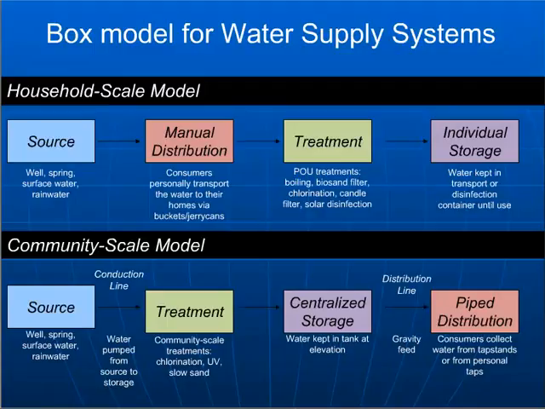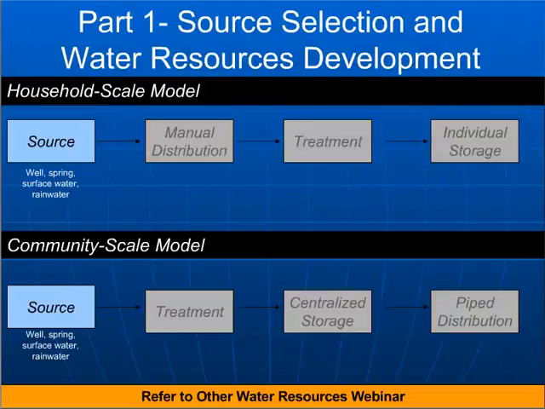So again, a lot of EWB projects are designed to go from the household scale model up to the community scale model, but there are also some improvements that can be made on the water supply side within each of these models, if those are what are currently in use in your community.